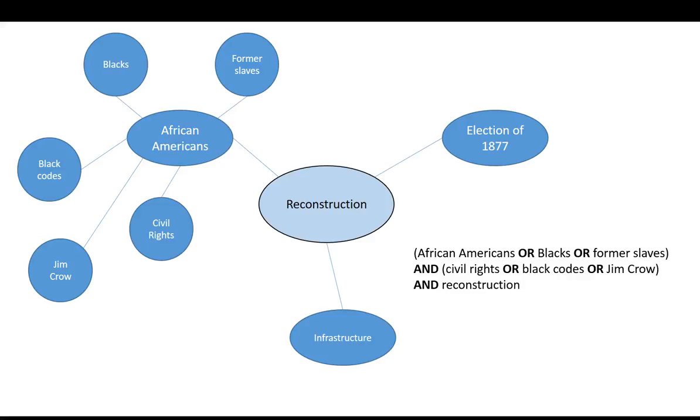Now, when we add the next line underneath, AND acts like a giant plus symbol. So what that's telling the database is now, okay, any article that has African Americans or blacks or former slaves, as long as the phrase civil rights or the phrase black codes or the phrase Jim Crow is also present in those articles. So we could be looking at African Americans and black codes, African Americans and civil rights, or African Americans and Jim Crow.